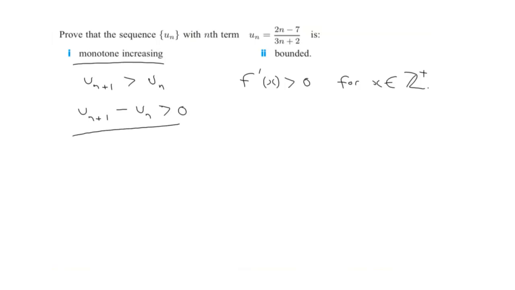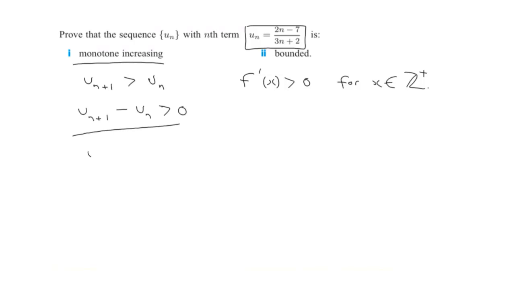So we're going to get an expression for the next term minus the current term. So the next term, well, if the nth term is (2n minus 7) over (3n plus 2), then the n plus 1th term, we just replace n with n plus 1, make sure you use a bracket.